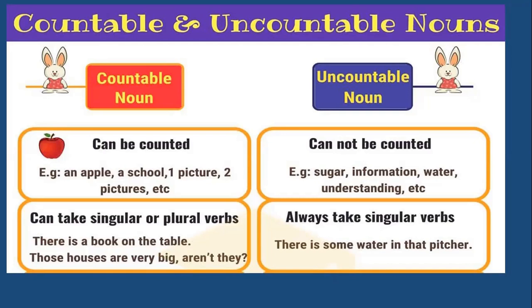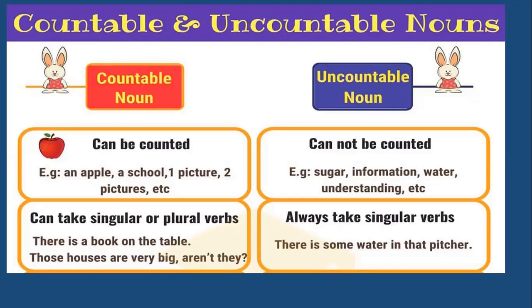Those houses are very big, aren't they? If it is uncountable, لو إنه uncountable حكينا إنه we always use or بنعامل هدول ال uncountable nouns معاملة singular nouns بالنسبة للأفعال.